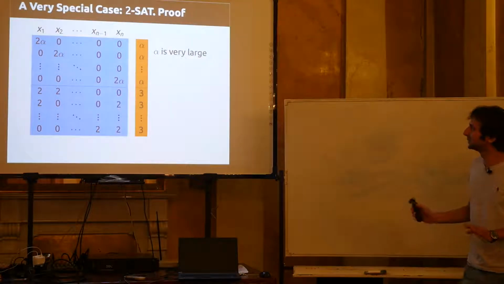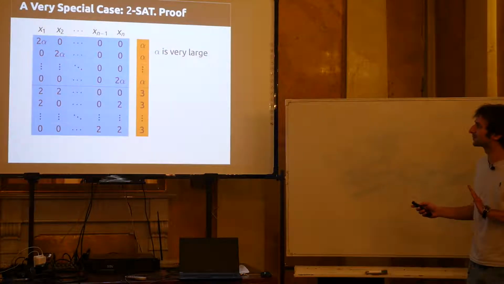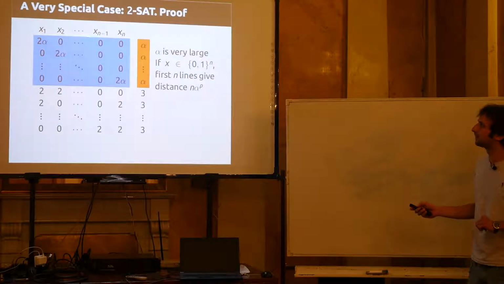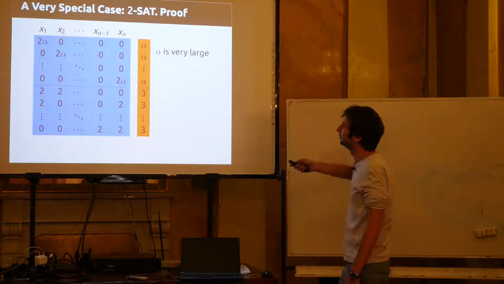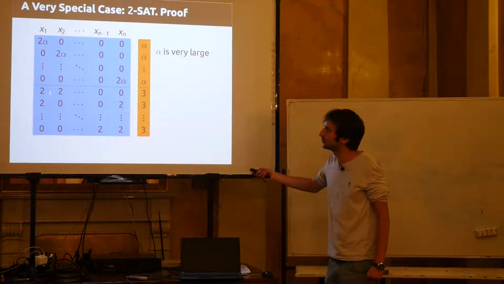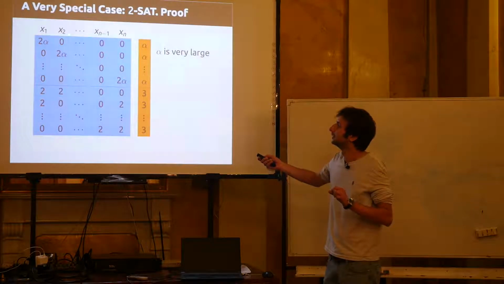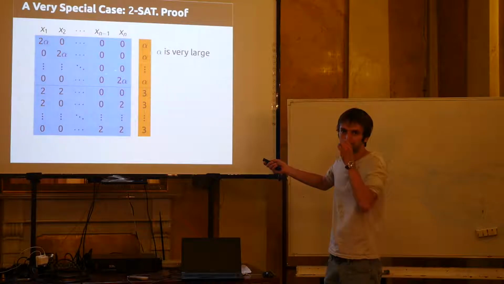Okay, so let me show you what this reduction does. Assume alpha is very huge. Then what's the solution to the CVP problem? You take the first vector some integer number of times, then you add the second vector times some integer, and so on.